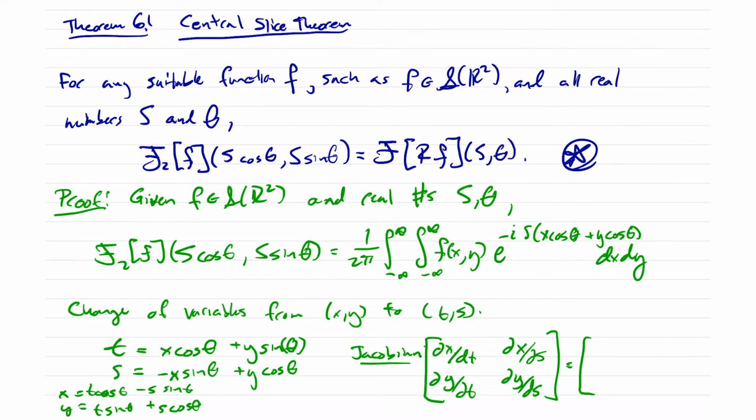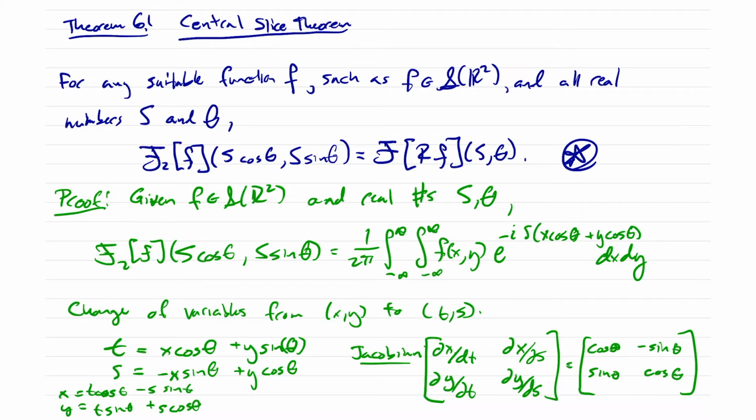Now if I take a look at dx/dt, it's just cosine of theta. The derivative of x with respect to s is minus sine of theta. The derivative of y with respect to t is sine of theta, and with respect to s it is cosine of theta.